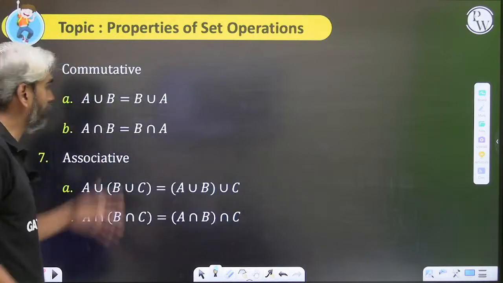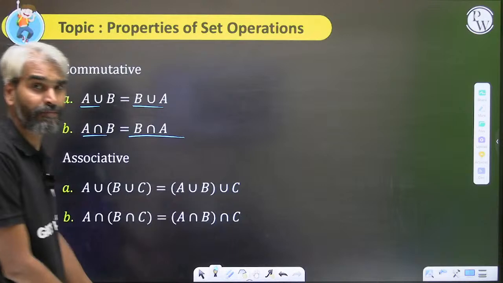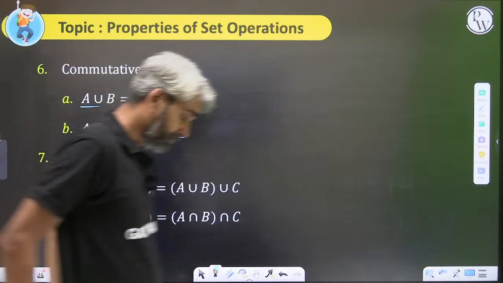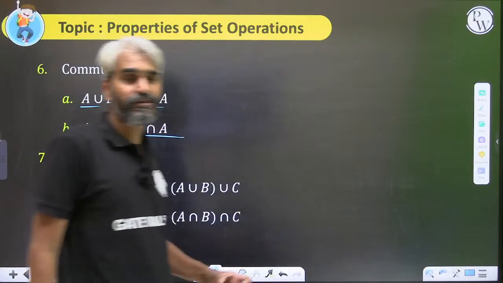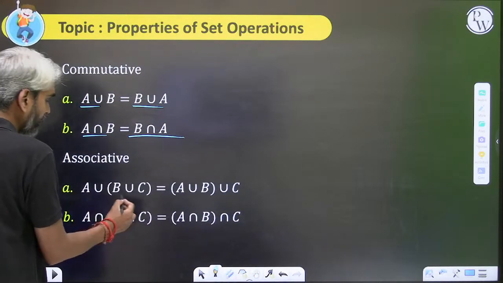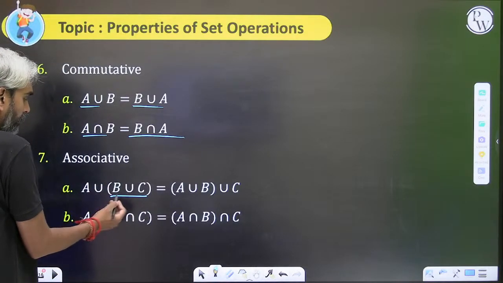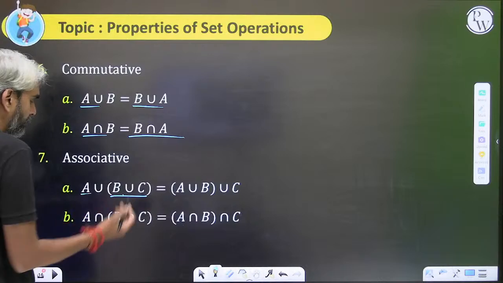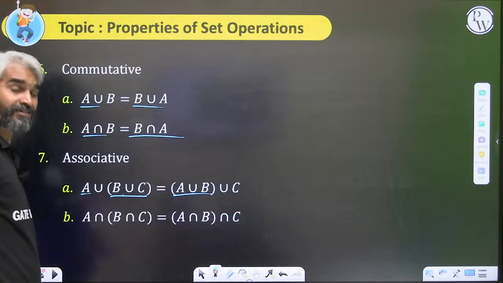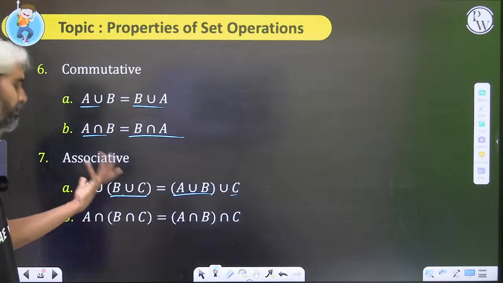Next, commutative. We have already discussed that A union B is B union A, and A intersection B is B intersection A. What is associative? The order in which you perform the union of three sets is not important; the ultimate result will be the same. If you first perform the union of B and C, and then the union of the result with set A, or if you perform the union of A and B first, and then the union of the result with set C, the result will be the same.